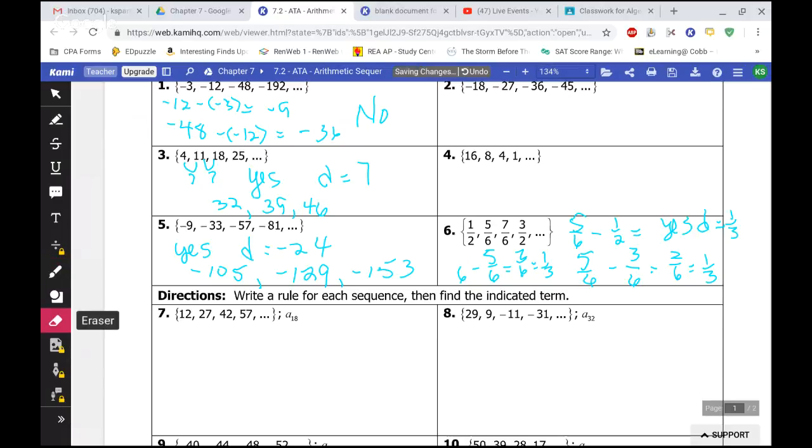So in order to get the next three terms, you would add 1/3 to 3/2.